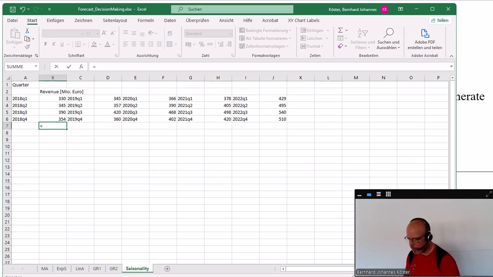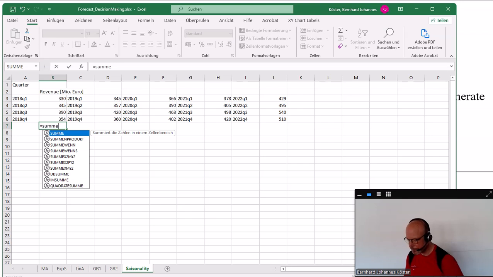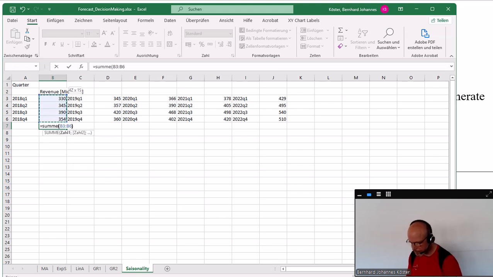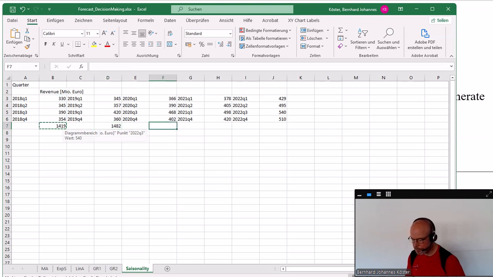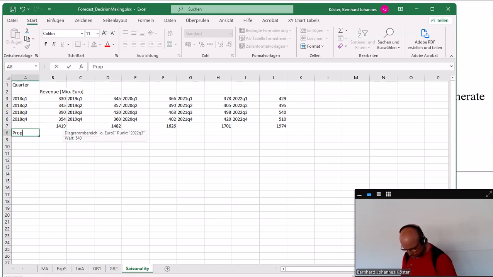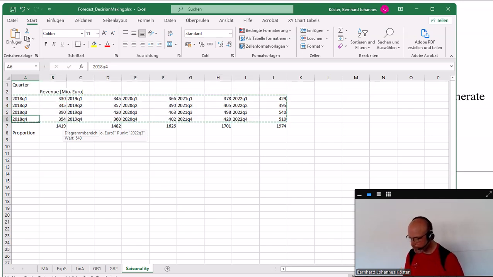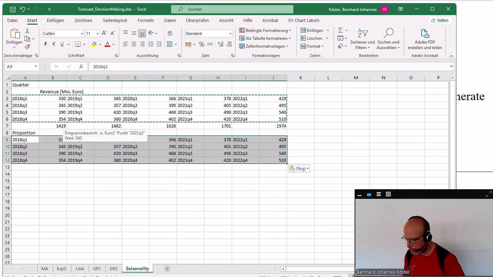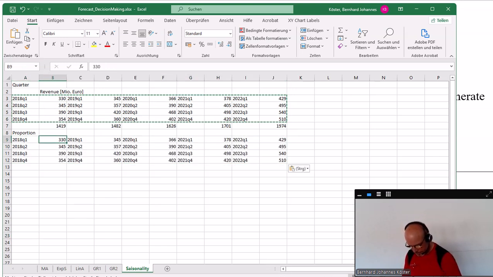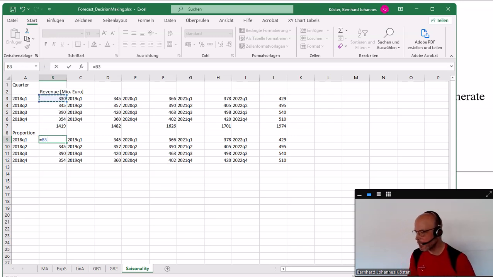We take the sum and now the proportion. And this would be then 330 divided by 1490. And this we are doing just for every year.